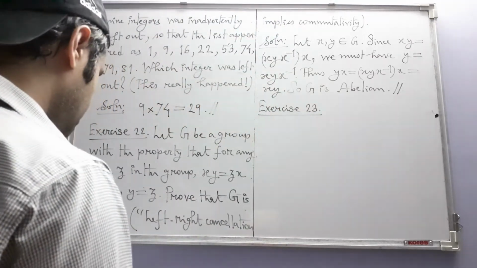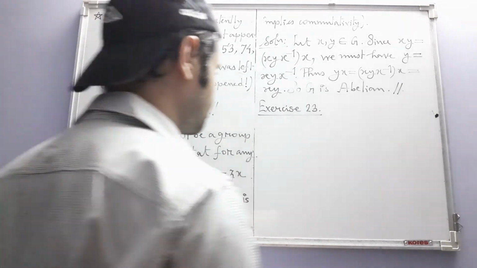Then 23, law of exponents for abelian groups.